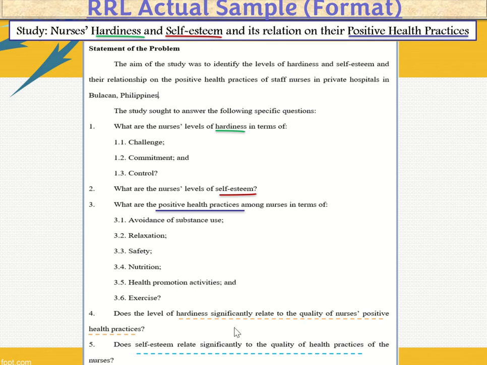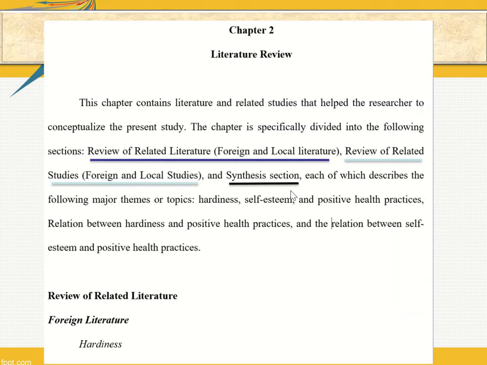Fourth is the relation between hardiness and positive health practices. And then finally, relation between self-esteem and positive health practices. So, ito yung mga major themes or how you are going to present your RRL as well. It is aligned with your title and SOP.